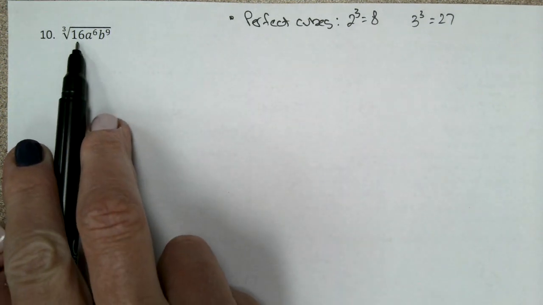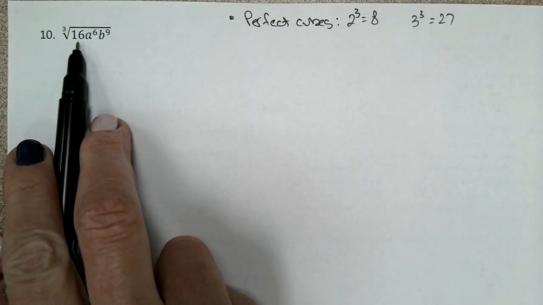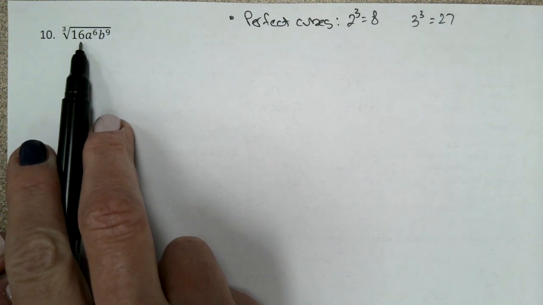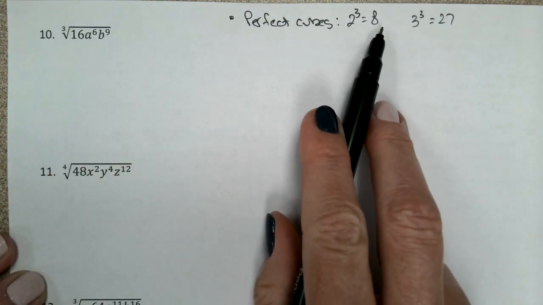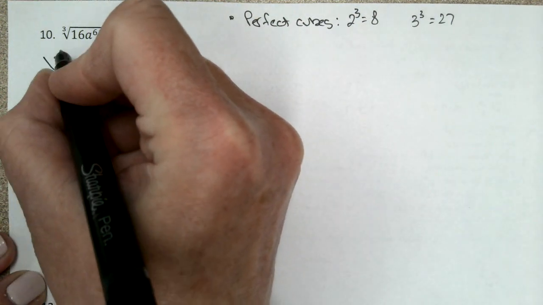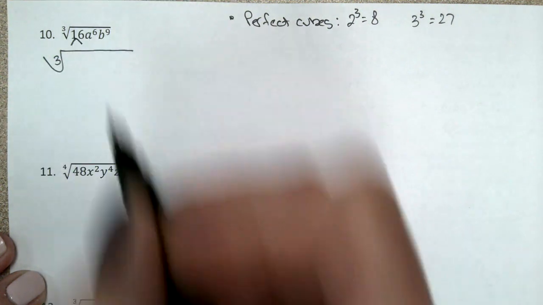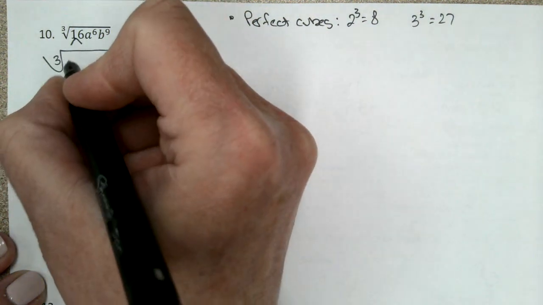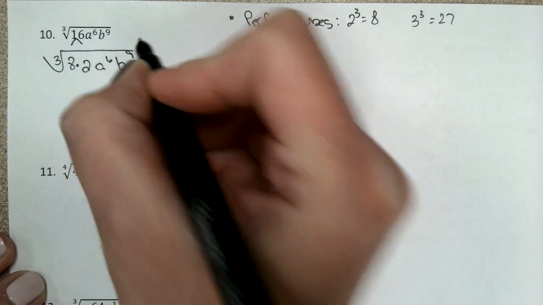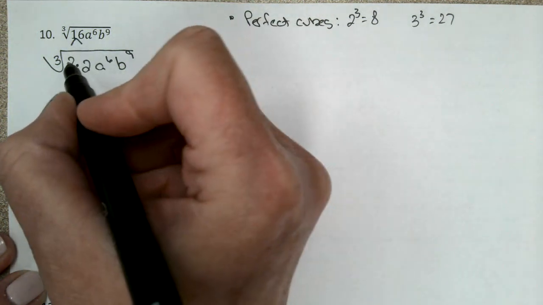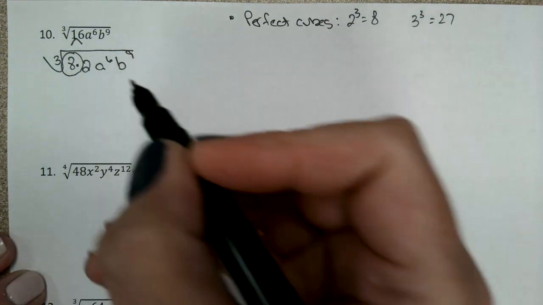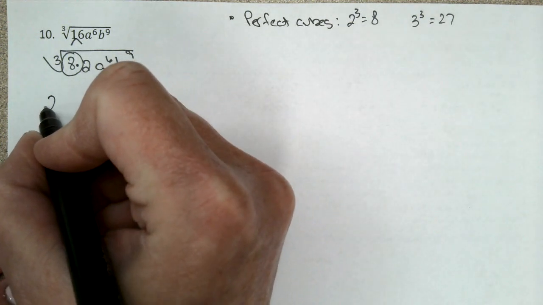So when I'm looking at my numbers under the radical, I'm asking what factors of 16 are perfect cubes. And so 8 is a factor of 16. So let's rewrite this as 8 times 2. I can take the cube root of 8, which is 2.